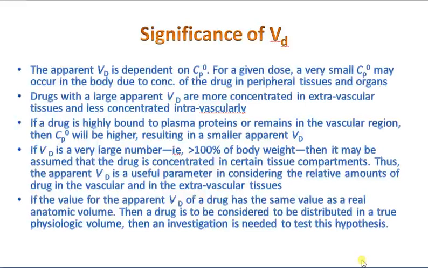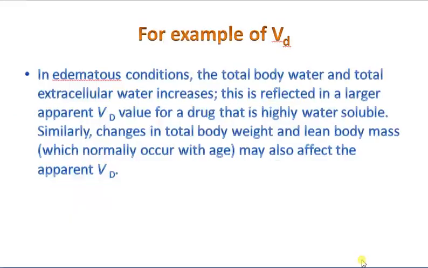If the apparent volume of a drug has the same value as a real anatomic volume, then the drug is considered to be distributed in a true physiologic volume. Then an investigation is needed to test this hypothesis.